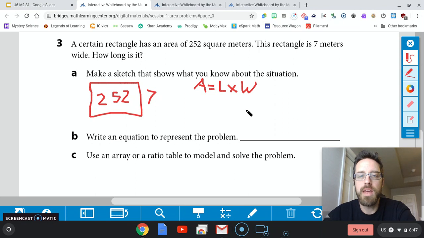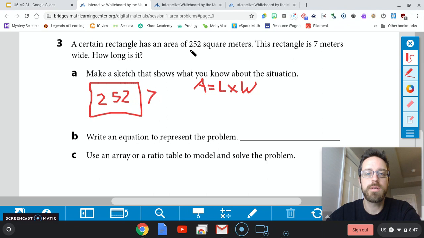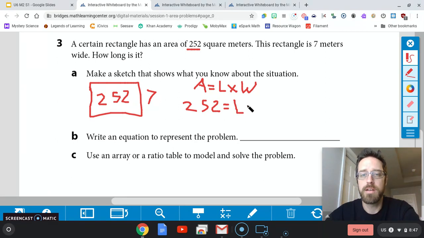And we just plug in the numbers that we know. So we know the total area is 252. So I'm going to put in 252 equals, and we know it's 7 meters wide, so we don't know the length. We're trying to solve the length, so we'll just leave that variable L for the unknown that we're trying to find, times 7. So the equation is really 7 times what equals 252.